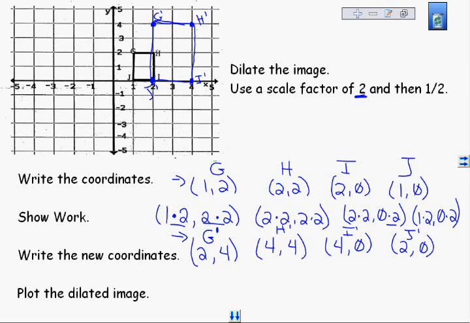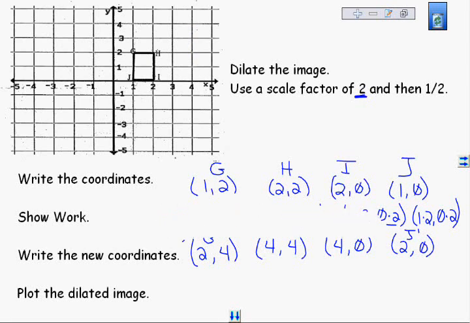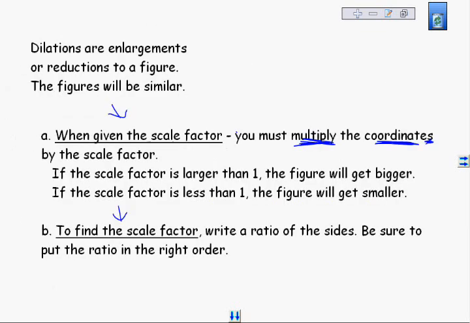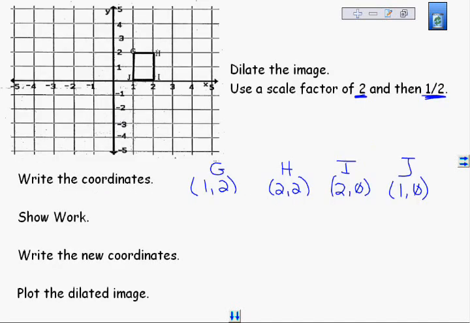Now, you're going to keep your work, please, on your paper. We are going to take this pre-image and dilate it by a scale factor of half. We do this the exact same way. Multiply the coordinates by the scale factor. So we're going to multiply our coordinates by our new scale factor of half.